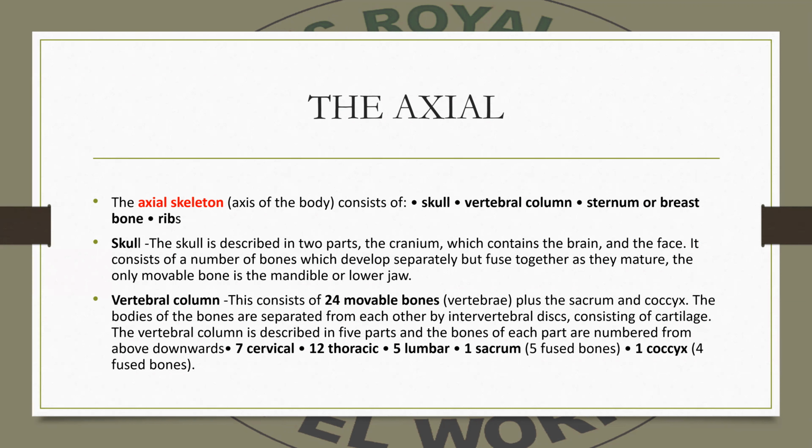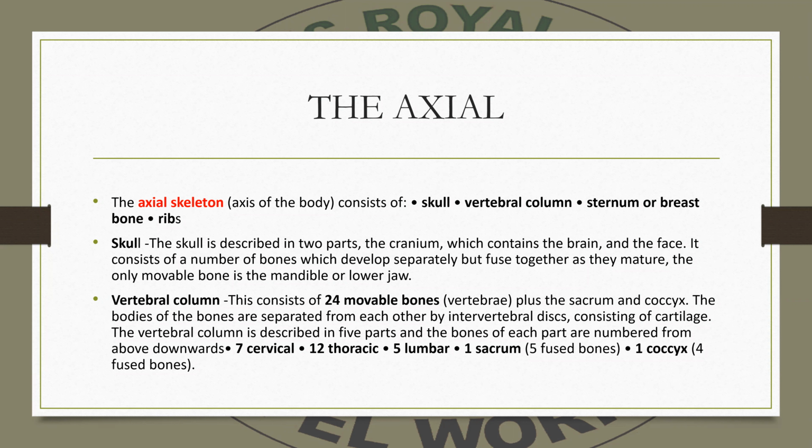It has a number of bones that are fused together after they mature. As you may be aware, babies have more bones than adults, but as they grow, those bones begin to fuse together, so the body gets to the normal number of bones.